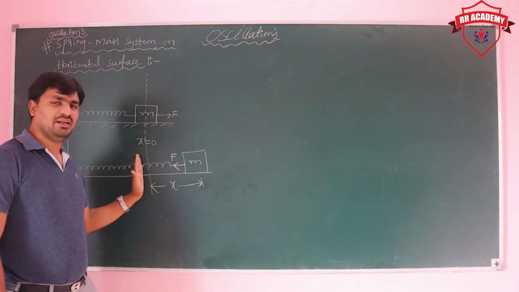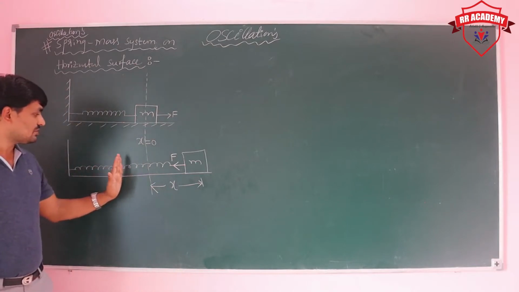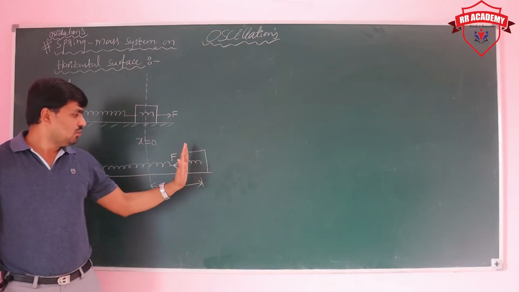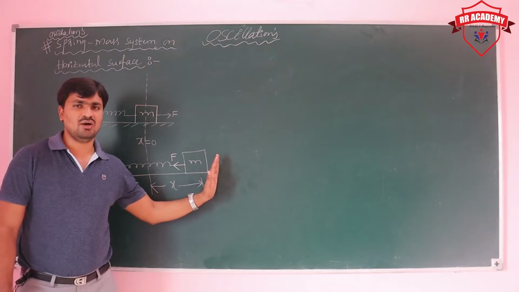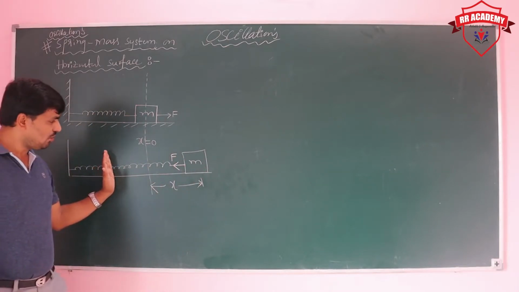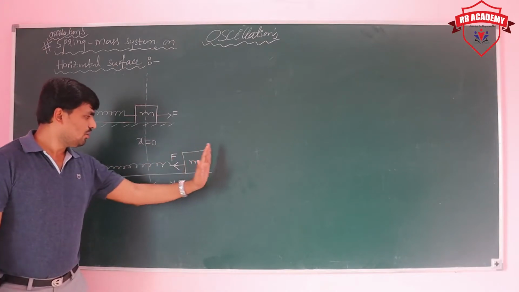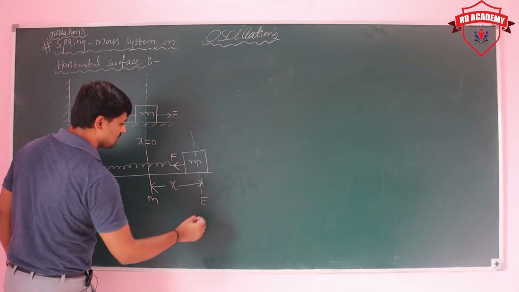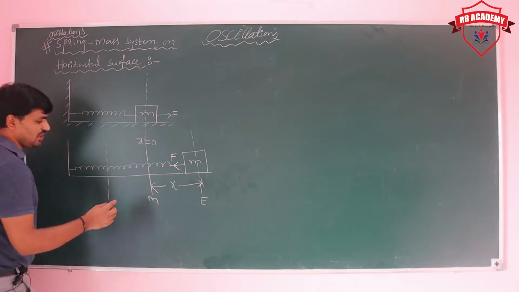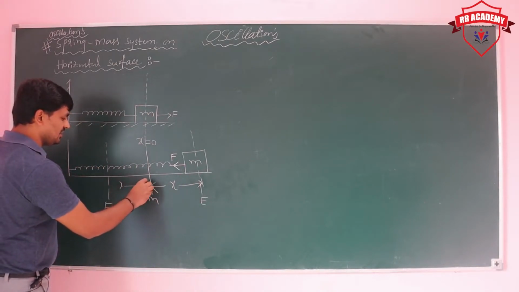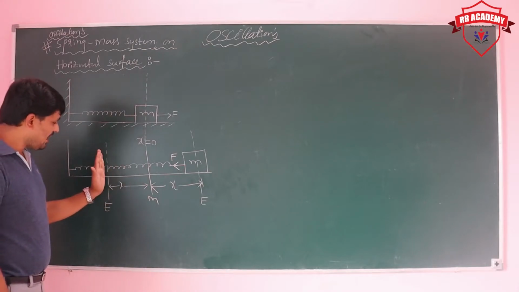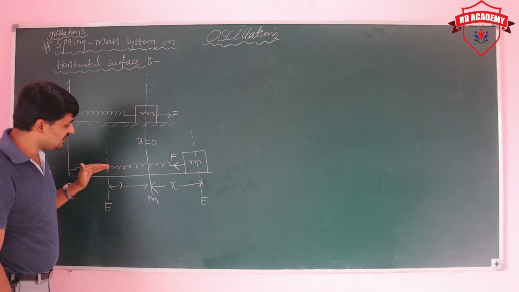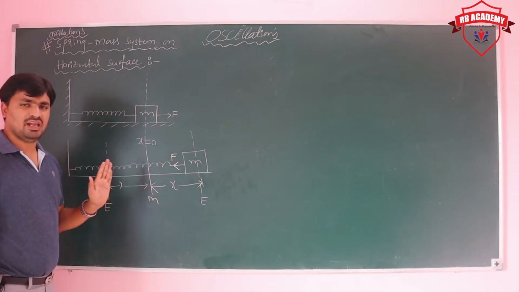After leaving, it comes back to this position and goes to some compression also. Yes, you have to catch that point also. Not only extension; after extending, if you release it, it will come up to here as well, and it makes oscillations. This position we can call the mean position, and this one we can call the extreme position. So up to here the displacement is x. And here the restoring force is such that the spring is compressed, and again it tries to bring the particle towards its mean position.